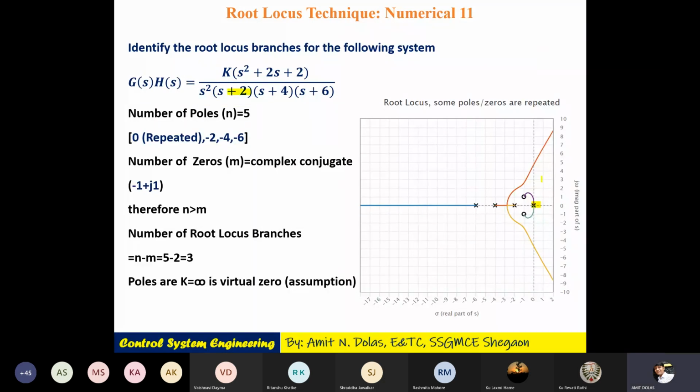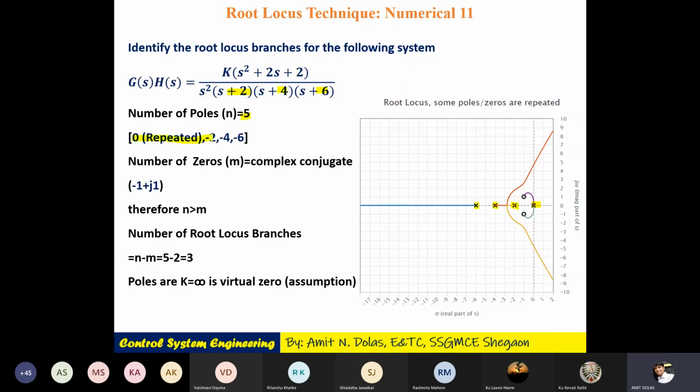Another pole will be at -4. And another pole is at -6. So how many poles? Total number of poles are 5, where 0 is repeated twice, -2, -4, and -6.